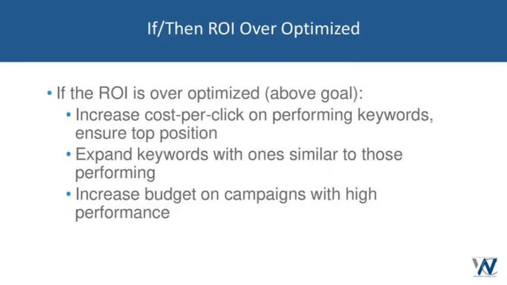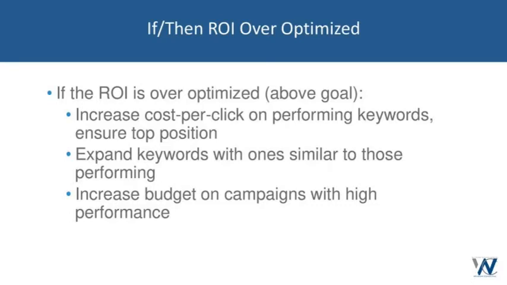So when you're over-optimized, you're way over your goal when it comes to an ROI or a cost per conversion. You really want to look to see if you can expand and get more transactions or conversions closer towards your goal. You're basically leaving money on the table.